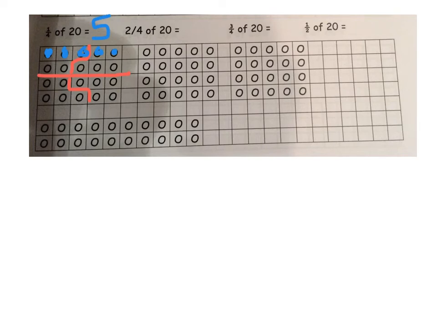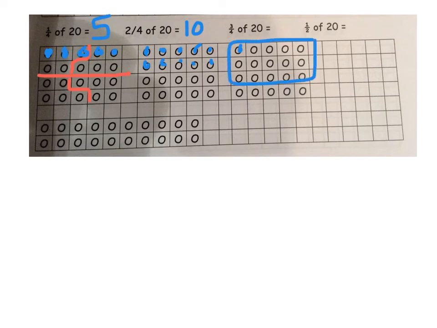Okay, 2/4 of 20. We all know 2/4 is the same as a half, so the children should go, I know it's 10, but I'm just going to show that as 2, 4, 6, 8, 10, using the 2 out of every 4. 3 out of every 4, rather than drawing the circles, all I have to do is that.